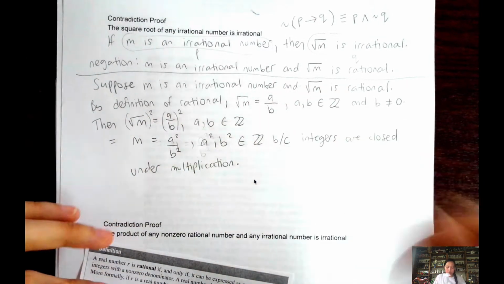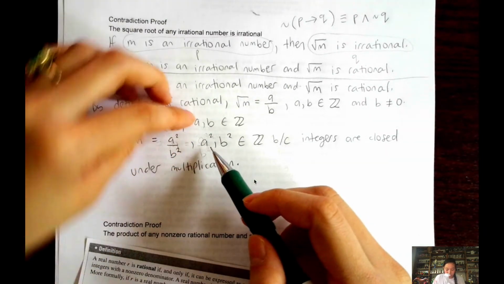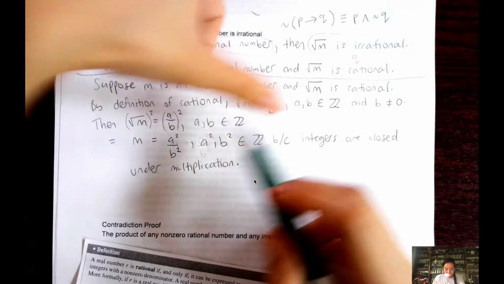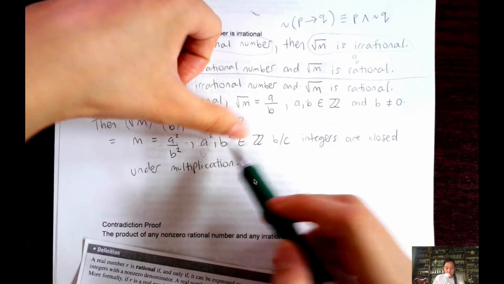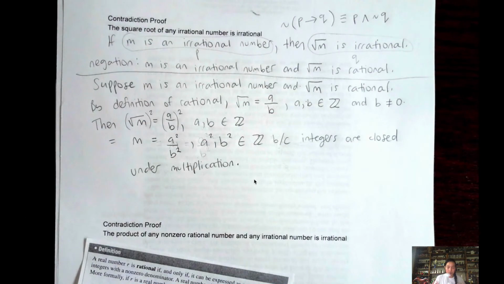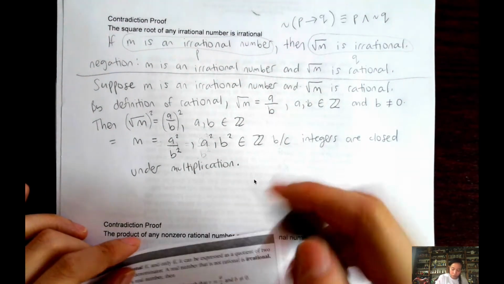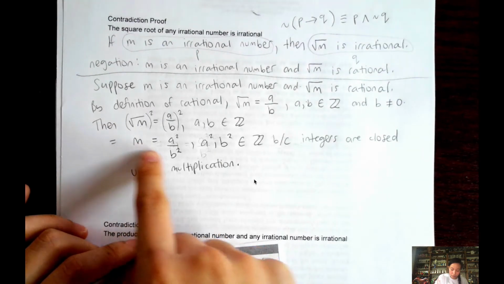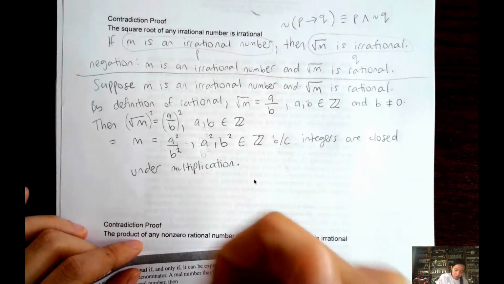Meaning, if you multiply integers together, the product is an integer. Here we showed that a and b are integers, and a squared and b squared are a times a and b times b, so an integer times an integer, the product is an integer. So we just proved that m is the quotient of two integers.